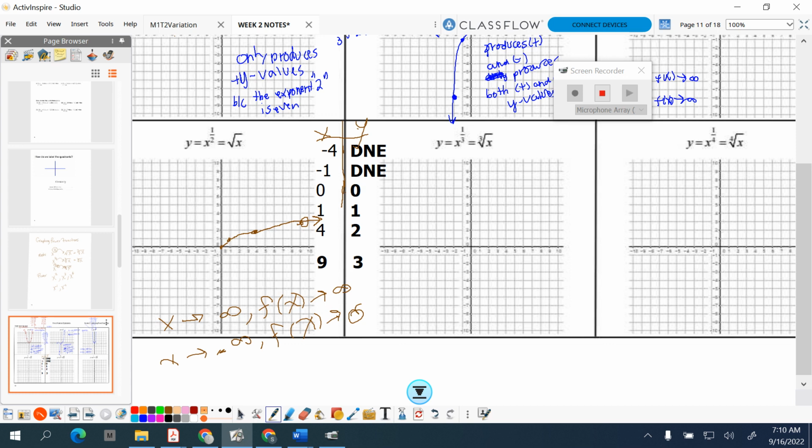Now with this square root, it's a root, and we'll take a note of that, and we'll make a distinction between these roots and these power functions up top. So let's look at our next root here.